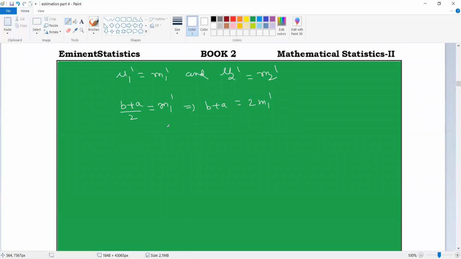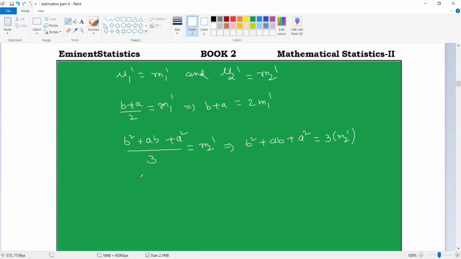Now, using mu2 dash equal to m2 dash, mu2 dash is b square plus ab plus a square by 3, equal to m2 dash. This implies b square plus ab plus a square is equal to 3 into m2 dash.